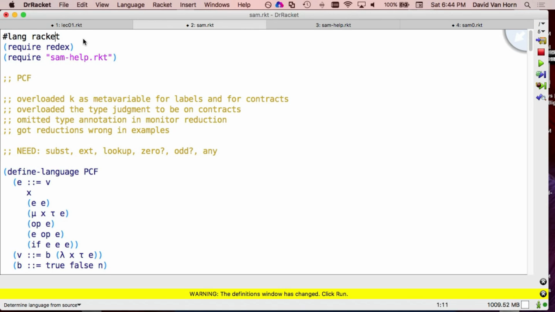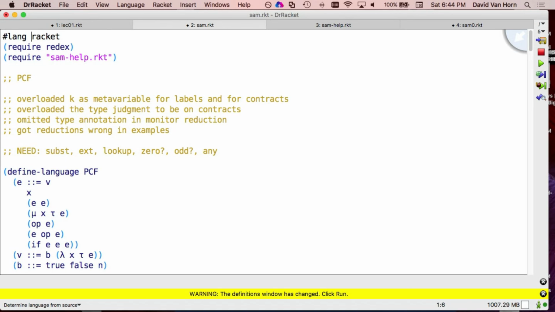But it turns out that Racket is itself a language for writing languages. And so there are other kinds of languages that you can write. Sam showed you Typed Racket, which is sort of a typed variant of Racket, and you can make other ones too.